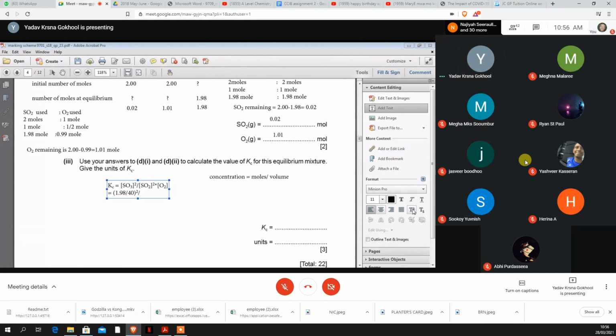Here it will be 0.02 divided by 40, again to the square, multiplied by the concentration of O2 in a bracket, cubed. The units and the value we are going to look at afterwards. You must have the value as well.